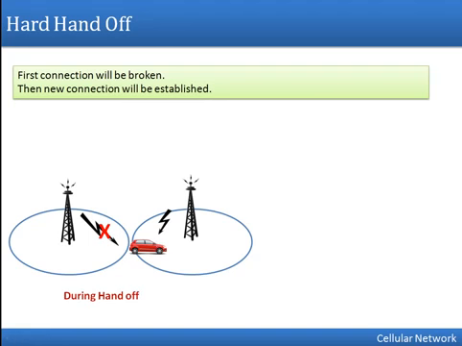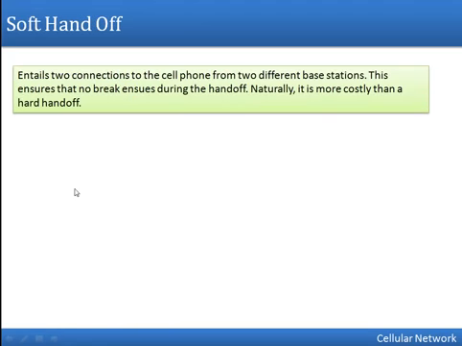You can remember this as break before make. So the new base station will start handling his traffic once he is disconnected from the old base station. So this is the hard handoff.